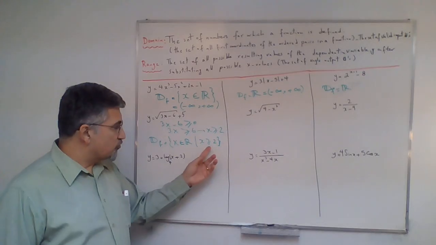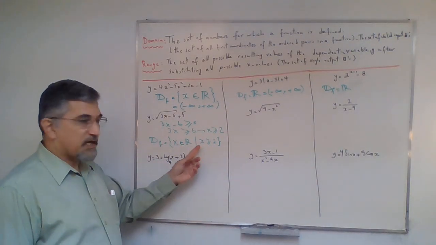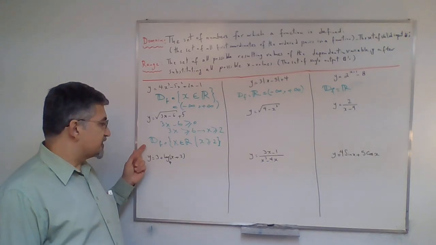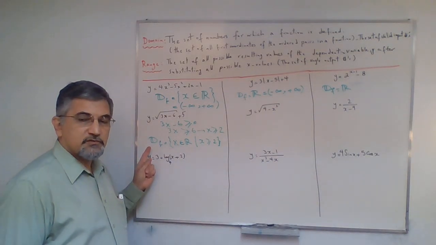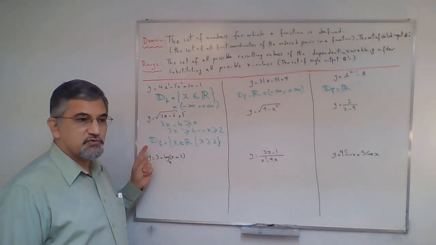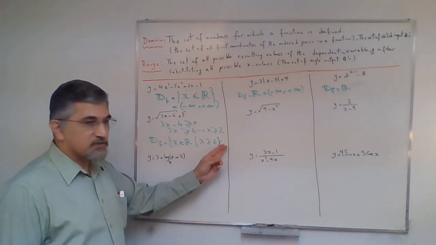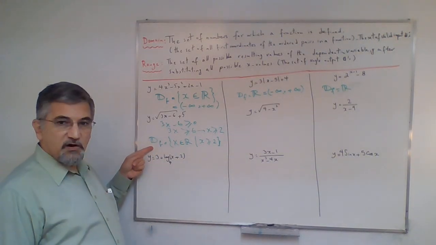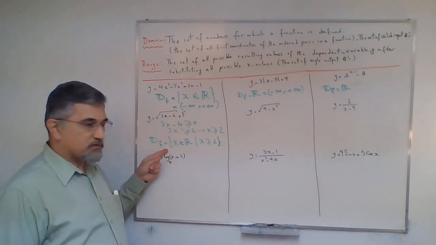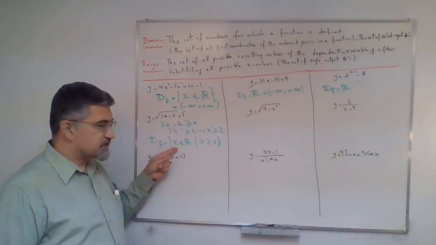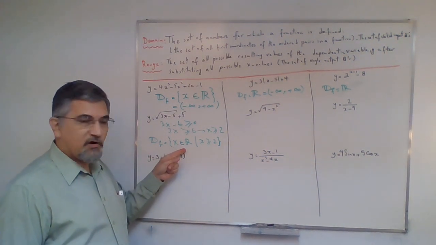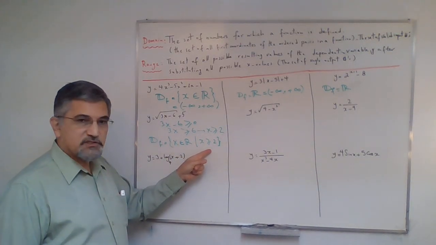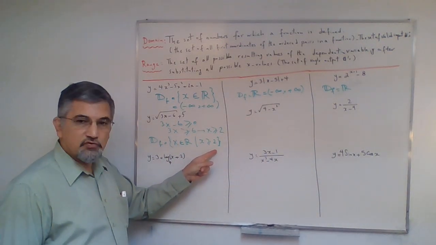Now, I wrote the domain using mathematical symbols. I'm going to read this as an English statement for you. Are you ready? So I'm going to mention a long English statement, which is a translation of this mathematical expression. So the domain of function f equals the set of numbers like x belonging to the set of real numbers such that x is greater than or equal to 2.